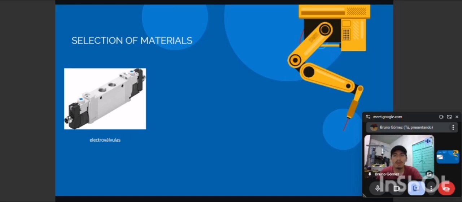We bought many of the materials from local hardware stores, but we purchased some components from online sites like Amazon, Mercado Libre, and AliExpress, since they were either more expensive or unavailable at local hardware stores.